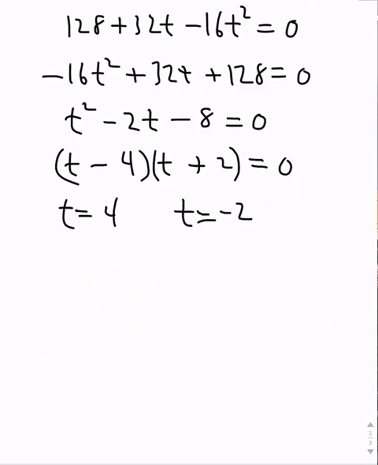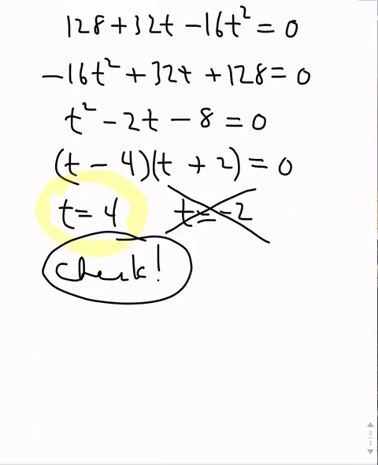Remember, t represents time, so actually this isn't going to happen. We're not going to get a negative 2 seconds. We're not going to go back in time to hit the ground. So that tells me that at 4 seconds, that's when the height is 0. So that's when the ball hits the ground. Don't forget, we need to check. Okay, we always check.